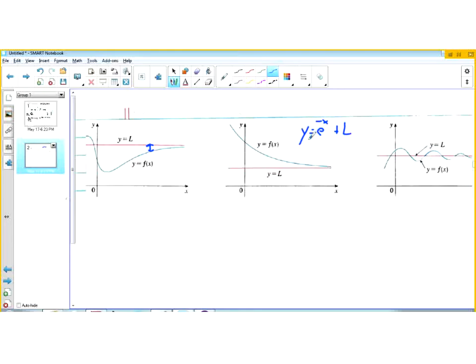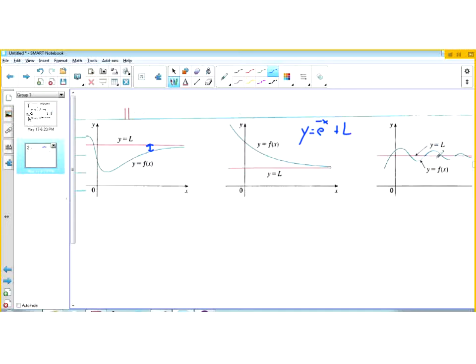So as x grows larger and larger, e to the minus x, of course, diminishes to 0, but it never quite equals 0. And the distance between e to the minus x plus L and L grows smaller and smaller, but it never equals 0. Okay, and then the third case, you can see this function that has kind of an oscillating property.